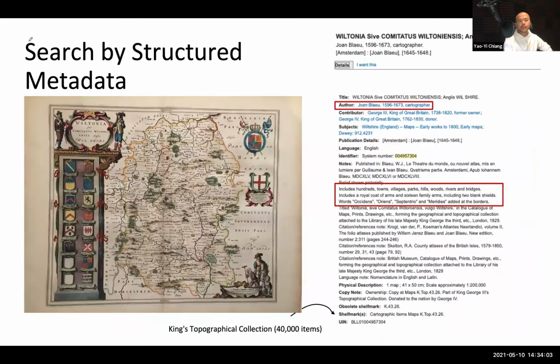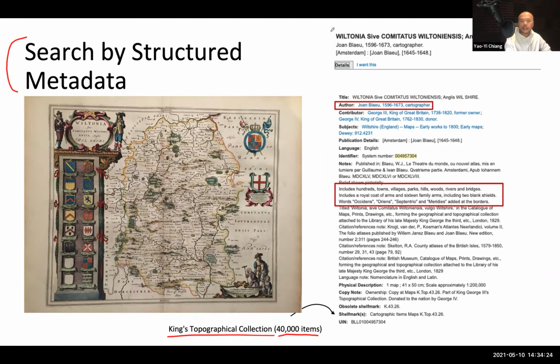Another case is we can search by structured metadata. And this example is one map from the King's Topographical Collection from the British Library. And the collection has more than 40,000 items. It's a really interesting collection. I recommend everyone to take a look at them online.